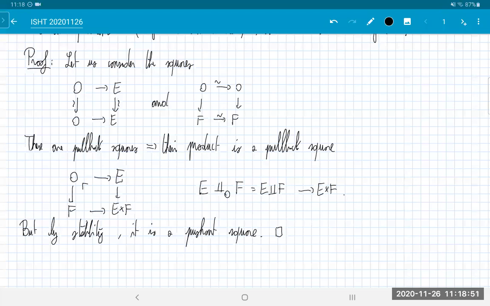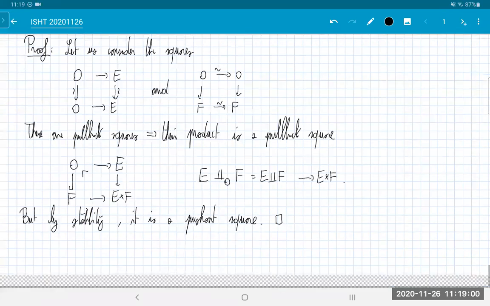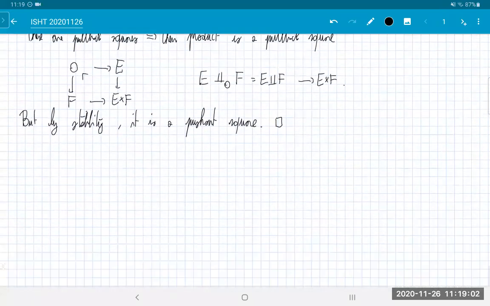You try to do this proof in other places, it doesn't work, but the magic of stability just makes it true. And in fact, stability is what will make colimits in spectra actually computable. Well, the formula I gave you earlier is not. But I'm going to need the existence of colimits to prove stability. So that's why I gave that formula.